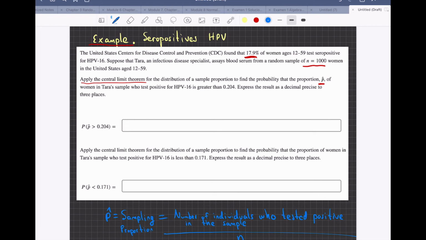In this case, n is going to be 1,000, right? But the point is that, again, p hat is very similar to the sampling mean. This is a random variable. It's not a number.